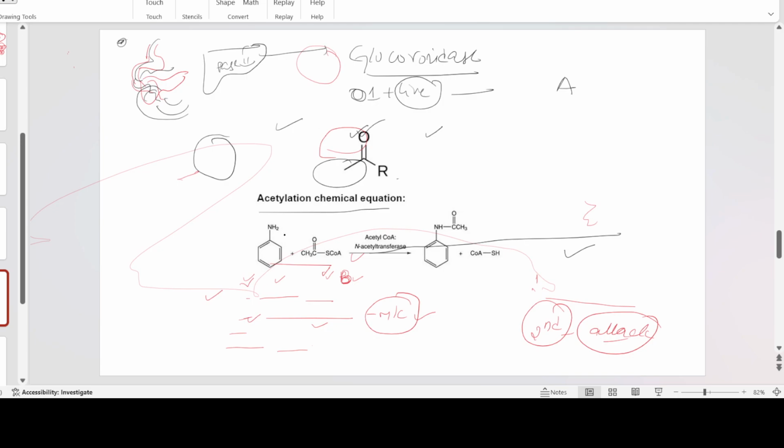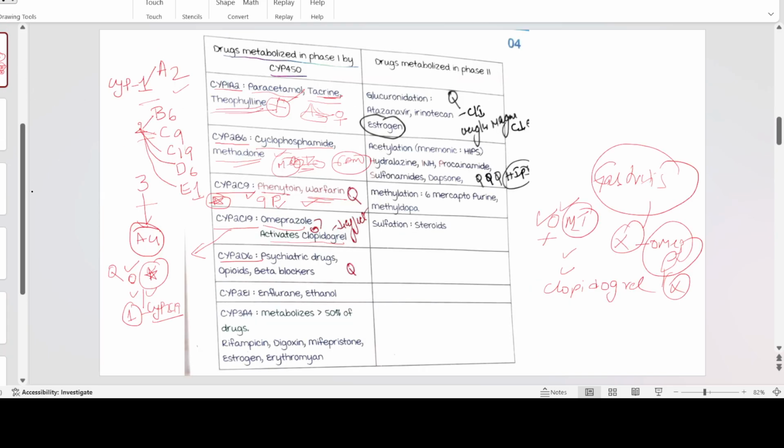What do we mean by acetylation? Acetic acid is involved, the CH3 group is involved. We just remember that. And the next important one is methylation.